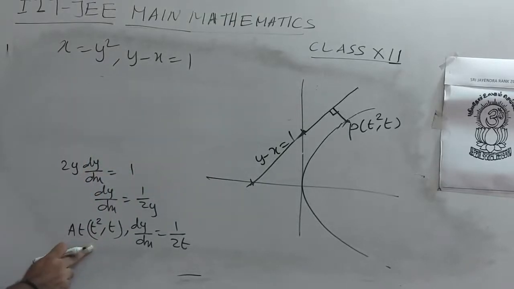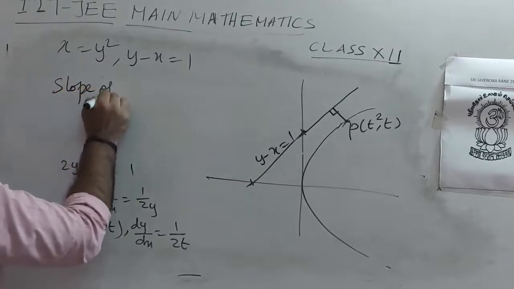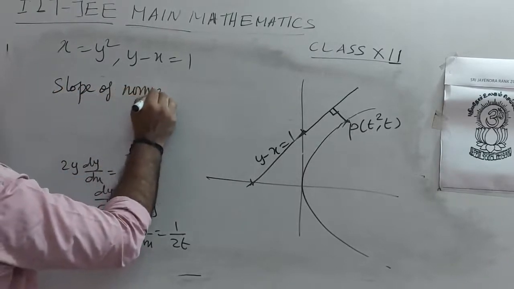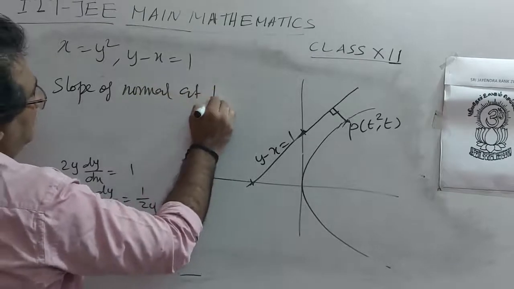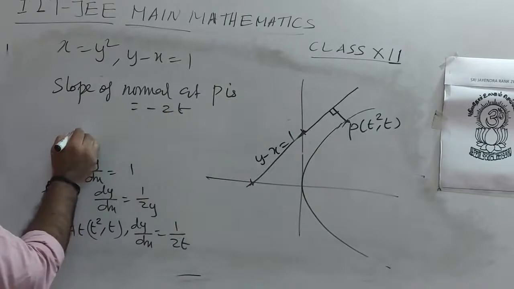This is the slope of the tangent at P. The slope of the normal at P is minus 2t.